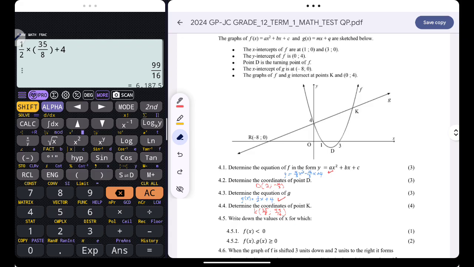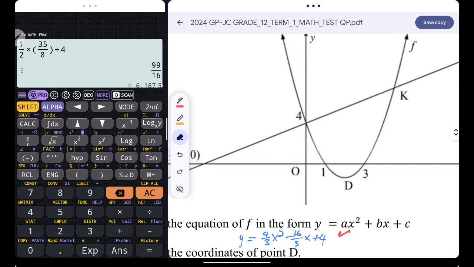Are we together? So whenever the graph is below the x-axis, I know for a fact that y is negative. That means my graph will also be negative. So the graph is below the x-axis when x is between 1 and 3. So in this region over here, it simply means that my graph is negative.